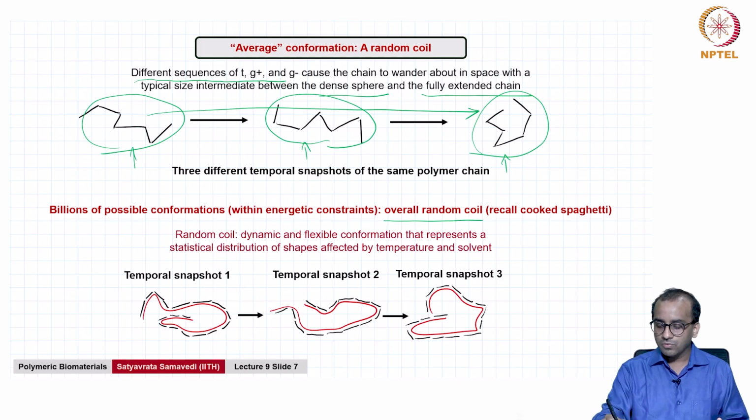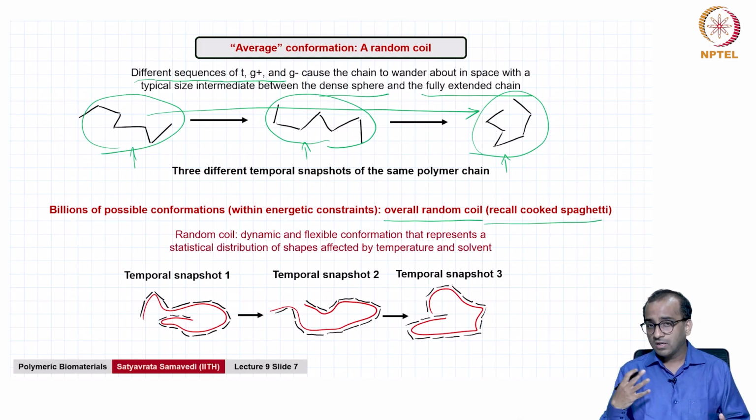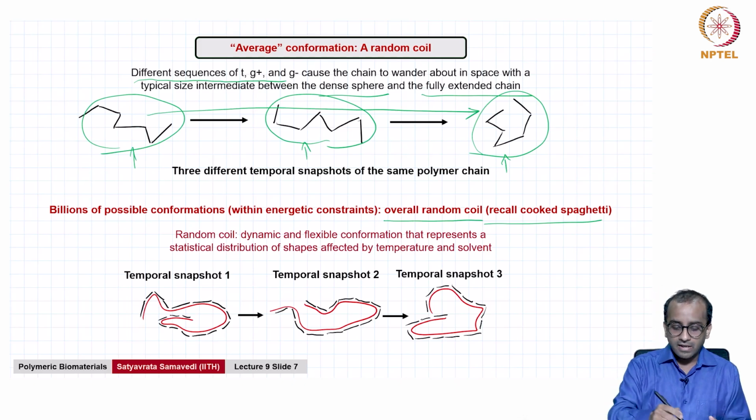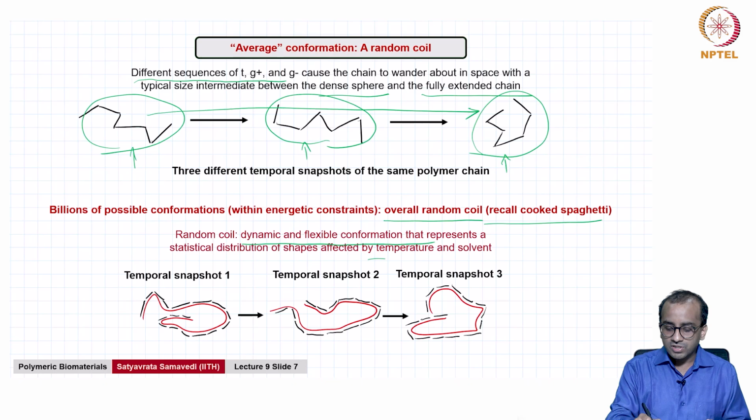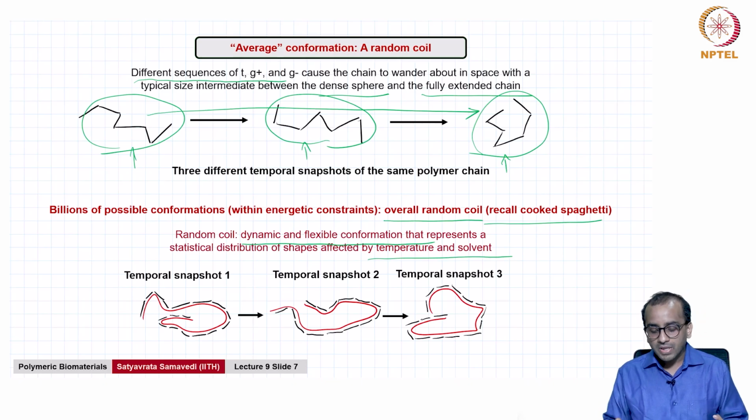And this is why, if you remember, we have talked about the cooked spaghetti analogy for polymers, which is a random entangled mass of chains. A random coil, to note, does not refer to a specific conformation, but is actually a dynamic and flexible conformation that represents a statistical distribution of shapes as a function of both temperature and solvent.